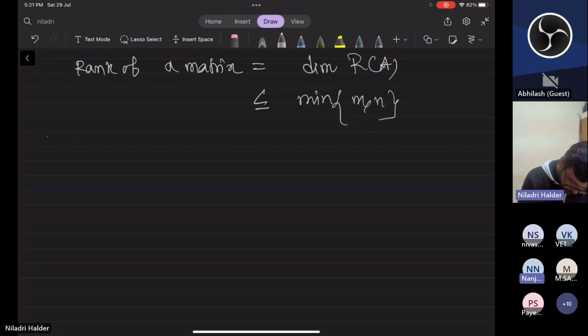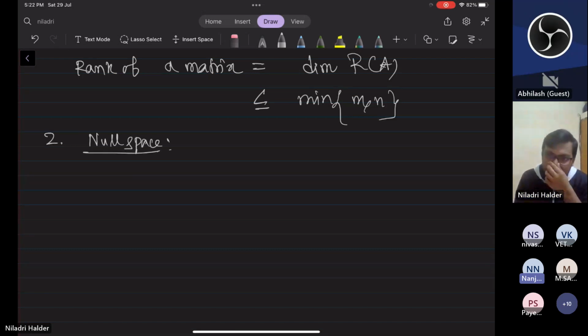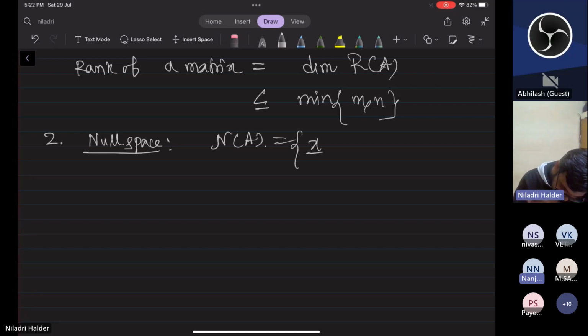Then we'll go for the second subspace, that is the null space. The null space of A is denoted by N of A. It is the set of x such that Ax is equal to the zero vector.